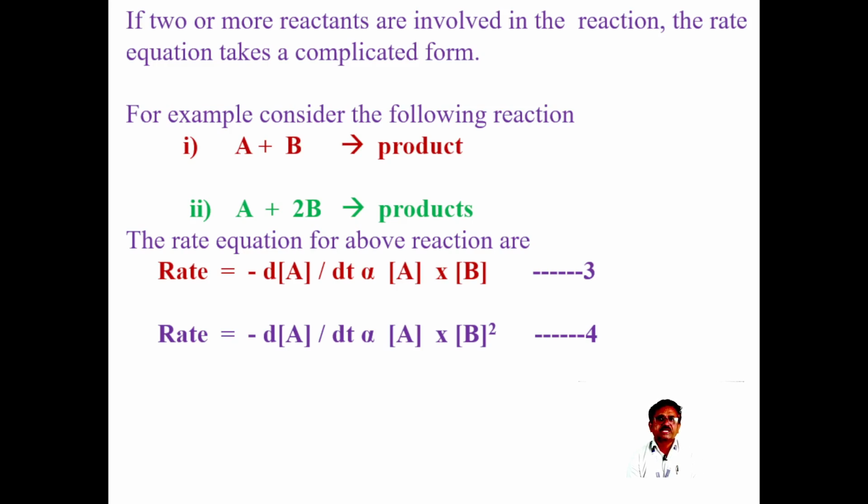The rate equation for the above reactions is, for the first reaction, rate equals minus change in concentration of A with respect to change in time, directly proportional to the molar concentration of A multiplied by the molar concentration of B. And for the second reaction, A plus 2B gives product, we can write the rate law equation as rate equals minus change in concentration of A with respect to change in time dt, directly proportional to the molar concentration of A multiplied by the molar concentration of B squared, because 2 moles of B are taken in that equation.